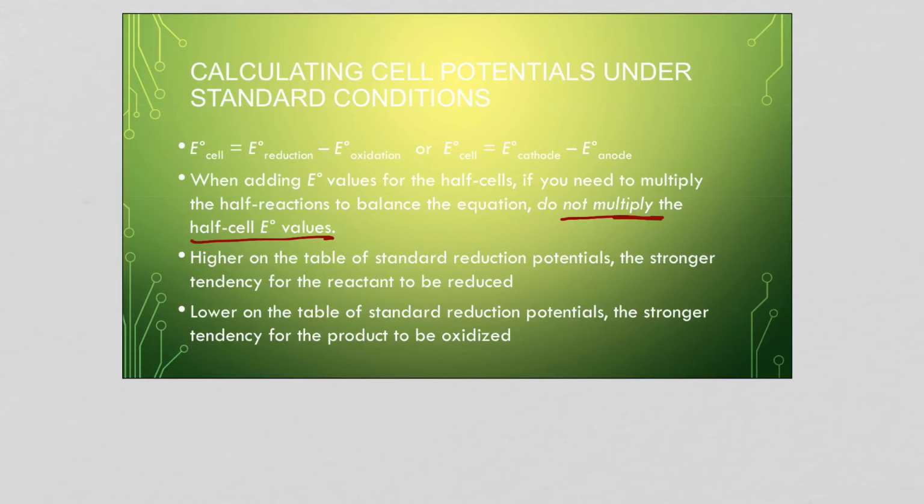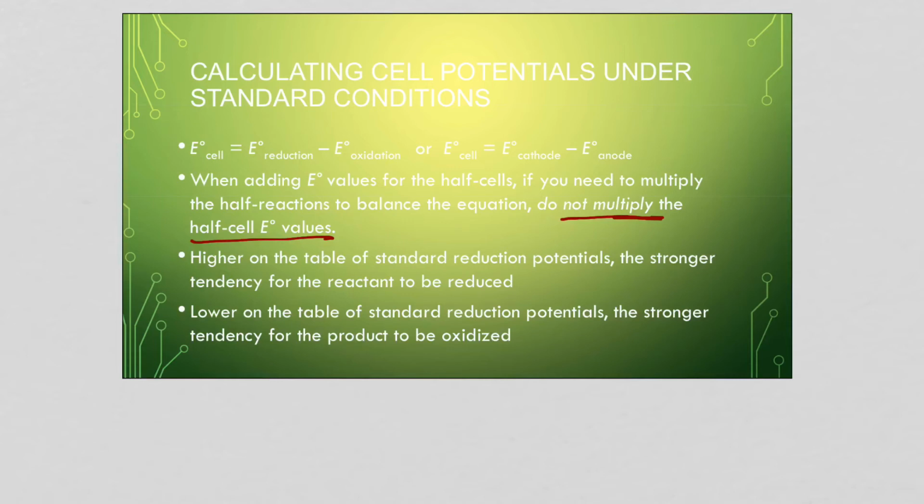It doesn't matter how much of the material you have, you'll generate the same potential. You could have a small sample of zinc or a big sample of zinc. It's not going to change the potential. So we use the value as given, no matter how much we have in our balanced equation.